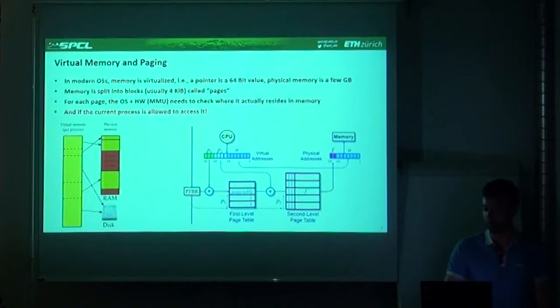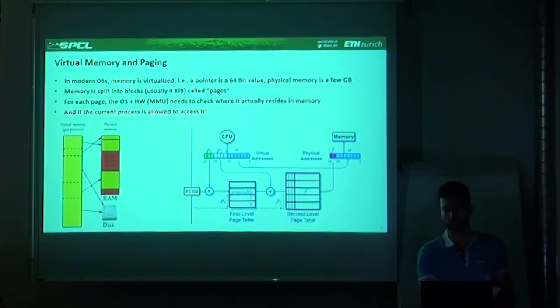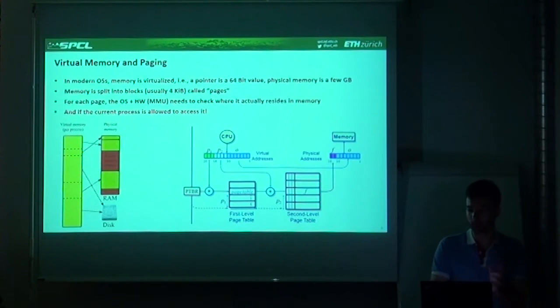To do this, memory is split into blocks. Usually these blocks are 4 kilobytes in size. They are called pages. And for each page, the operating system, together with some hardware called a memory management unit or MMU, needs to check where it actually resides in memory, and also if we are allowed to access this page.